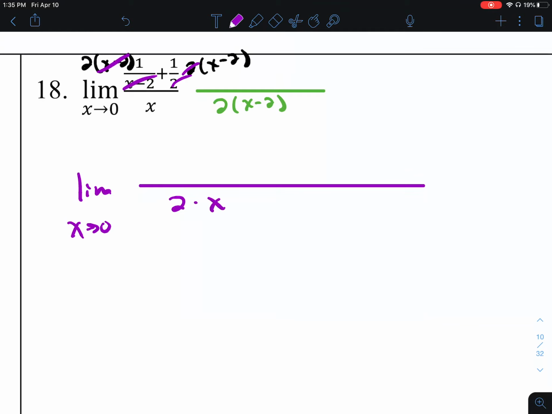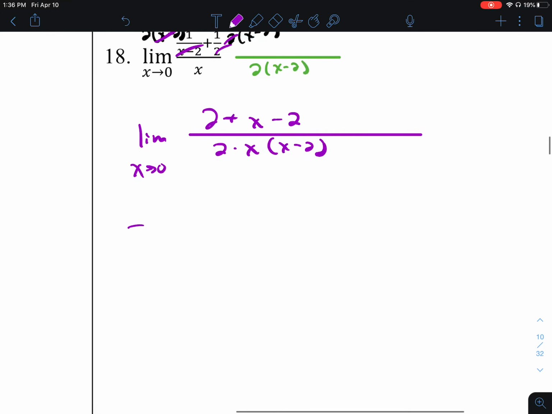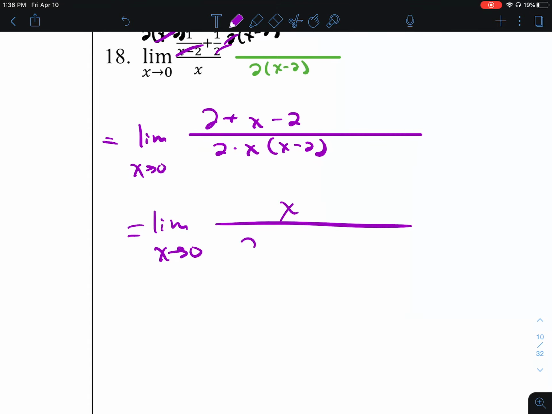My denominator is 2 times x minus 2. My numerator is going to be 2 times 1, which is 2, plus x minus 2. 2's cancel on the top. And cancel an x from the top and the bottom.